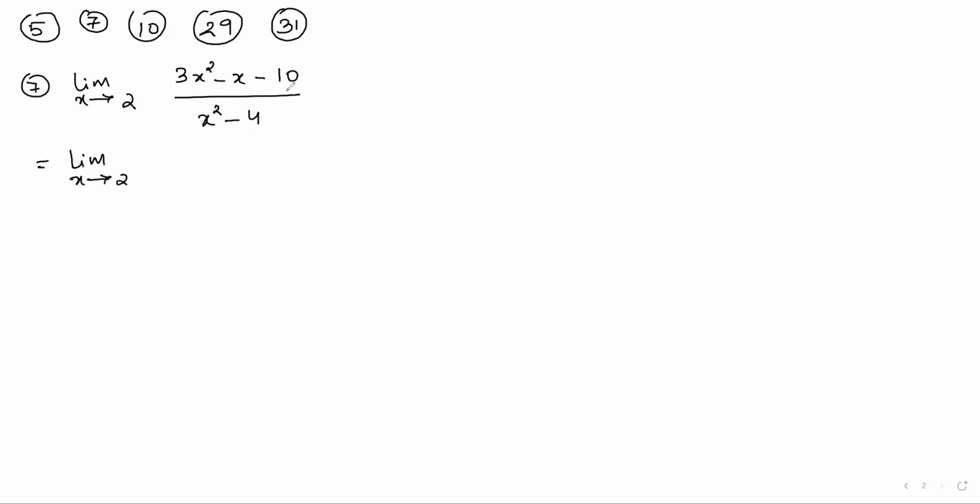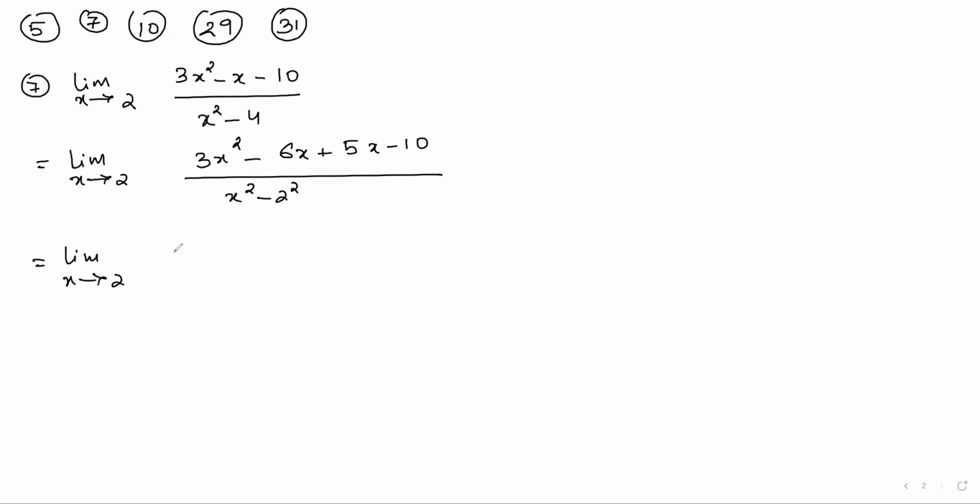We will check this 30, है ना? So we can write 3x squared minus 6x plus 5x minus 10 by x squared minus 4, which can be written as x squared minus 2 squared. So this is limit x tends to 2. In this we will take common x minus 2, and this we will take 5 common. This is x minus 2. So the denominator will become (x minus 2)(x plus 2).